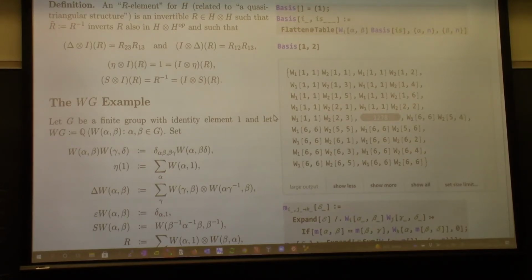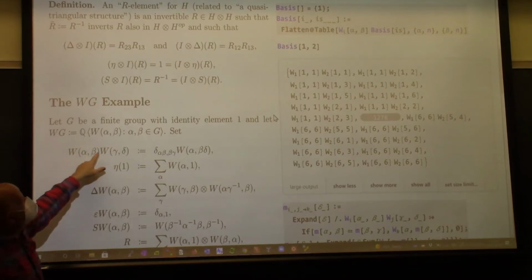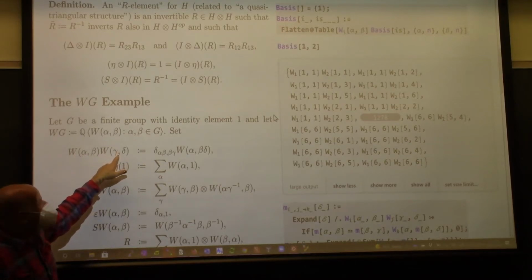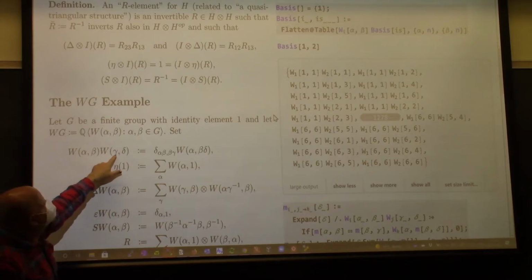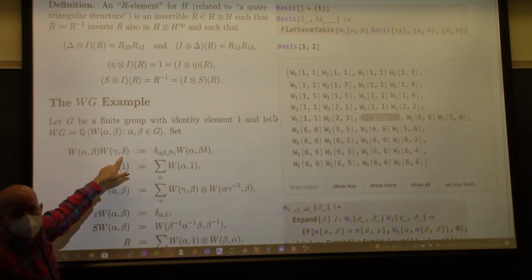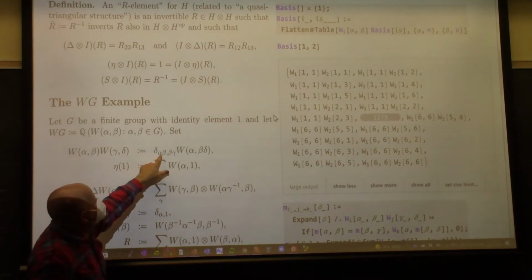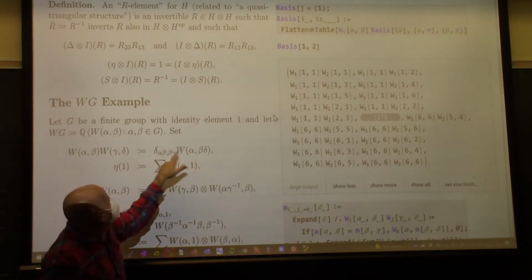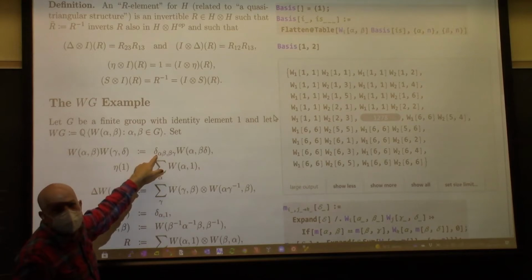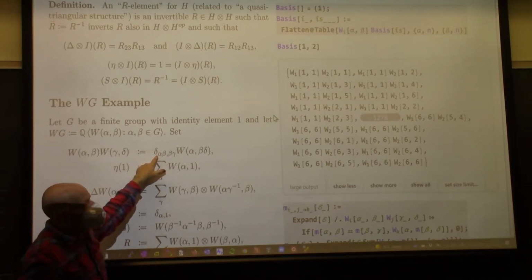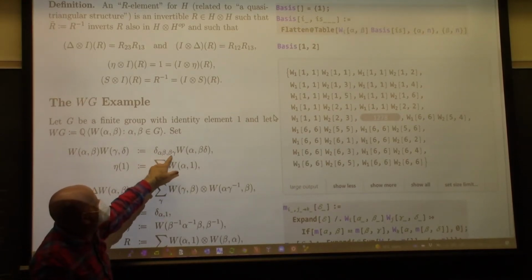Here they are. So M is a multiplication, so I write it as W alpha beta times W gamma delta. This is defined to be, you take the, so this delta has nothing to do with this delta. This is the Kronecker delta. So you take the Kronecker delta of alpha beta and beta gamma.